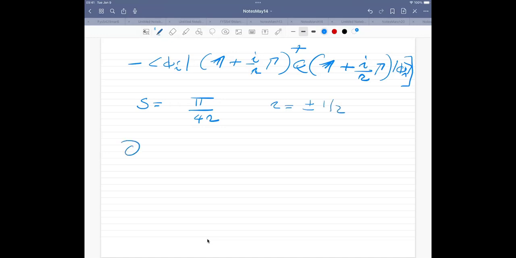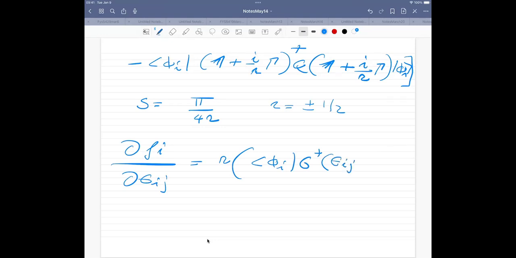What I can show then, and this is an element of repetition where we use the same result we had with the VQE, is that I get r multiplied with phi of i, and then G calculated as a function of theta ij plus this variable s, multiplied with Q, multiplied with G of theta ij plus s and phi of i.